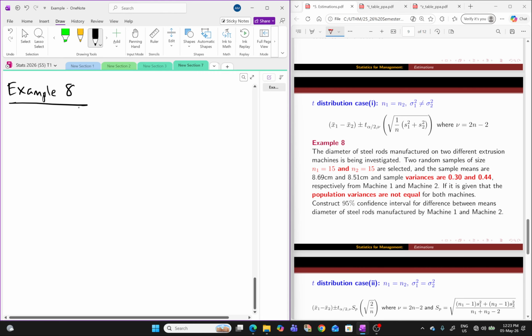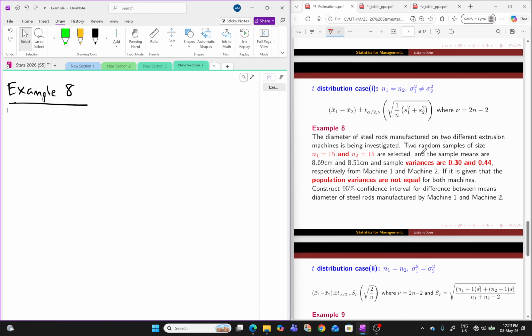Example 8 here, I call this T distribution case 1. Okay, case 1, because in this case this is T distribution because the sample size is less than 30.